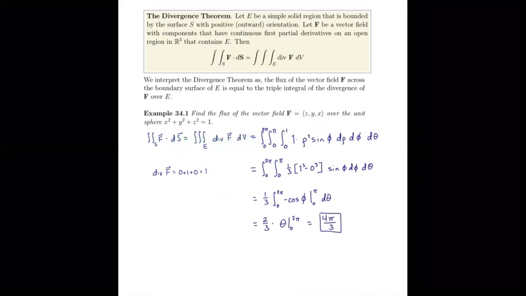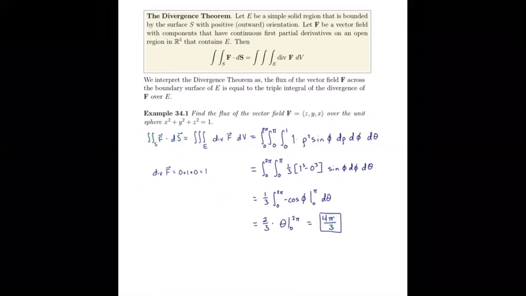It would be very useful for the student to go back and verify the divergence theorem by calculating the left-hand side. In other words, calculating the surface integral of this vector field over the unit sphere. But that could be a hard problem. In this case, I don't think it is. But you should get the same answer that we got here for this triple integral.